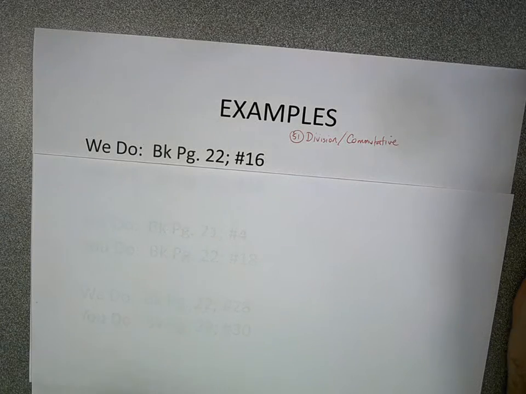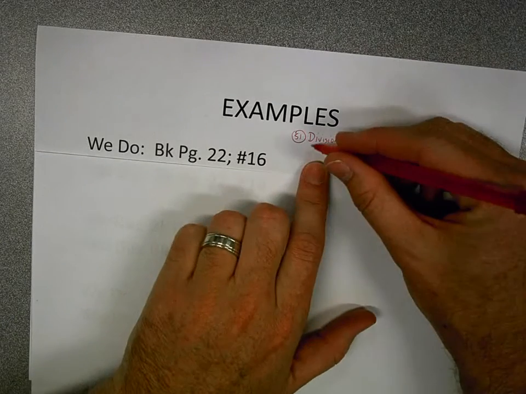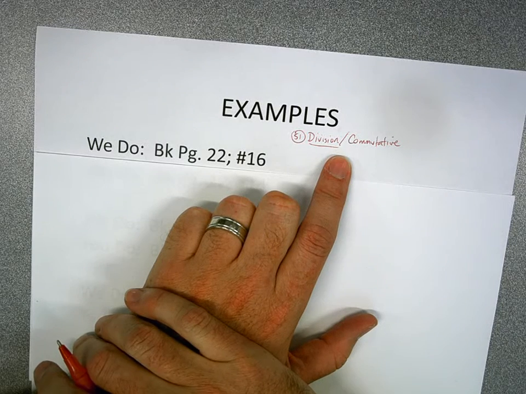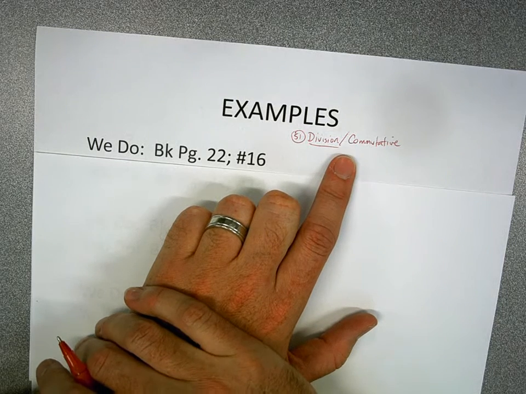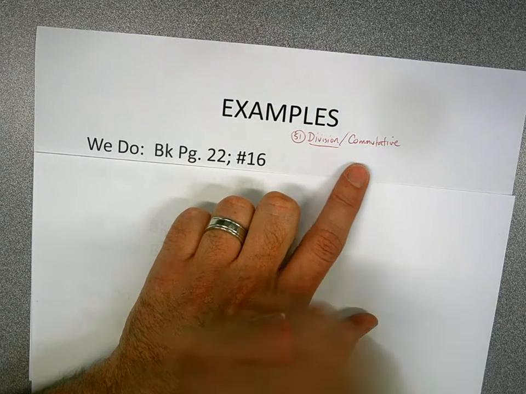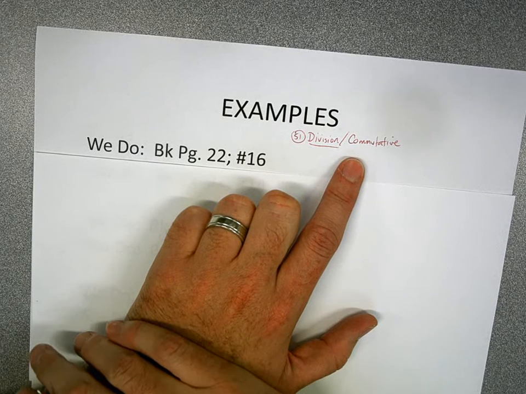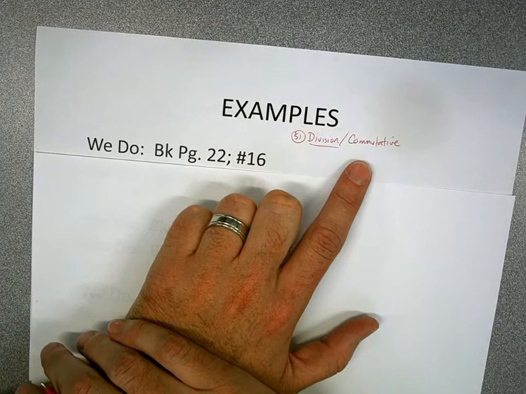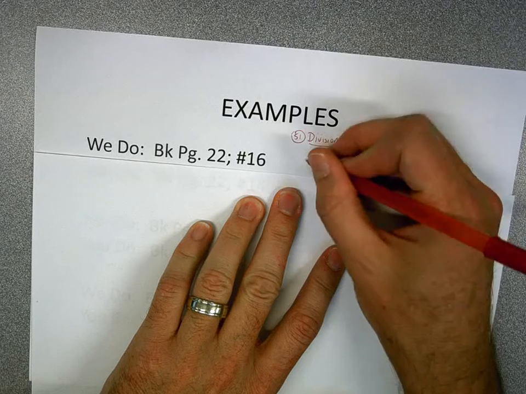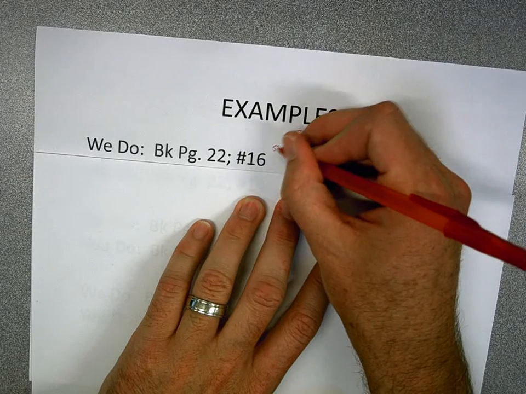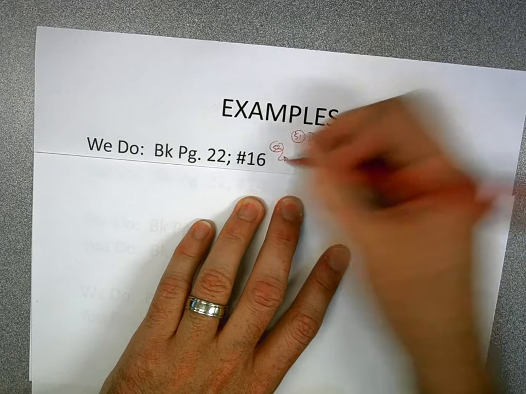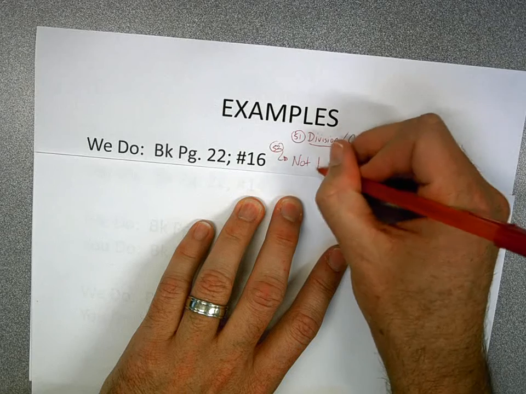Or 2 times 5 is the same as 5 times 2. Well, this one says you can use it with division. Well, when we looked at the properties, remember we talked about it, it's only multiplication and addition.